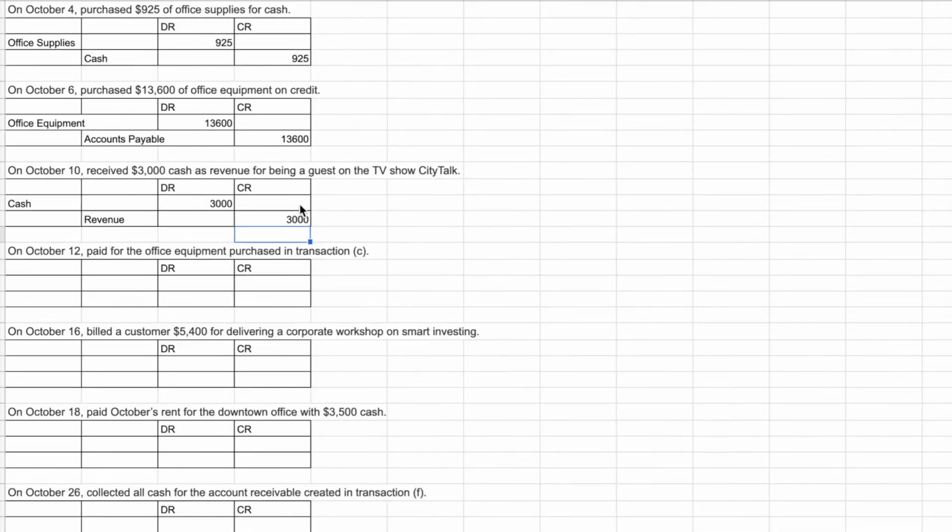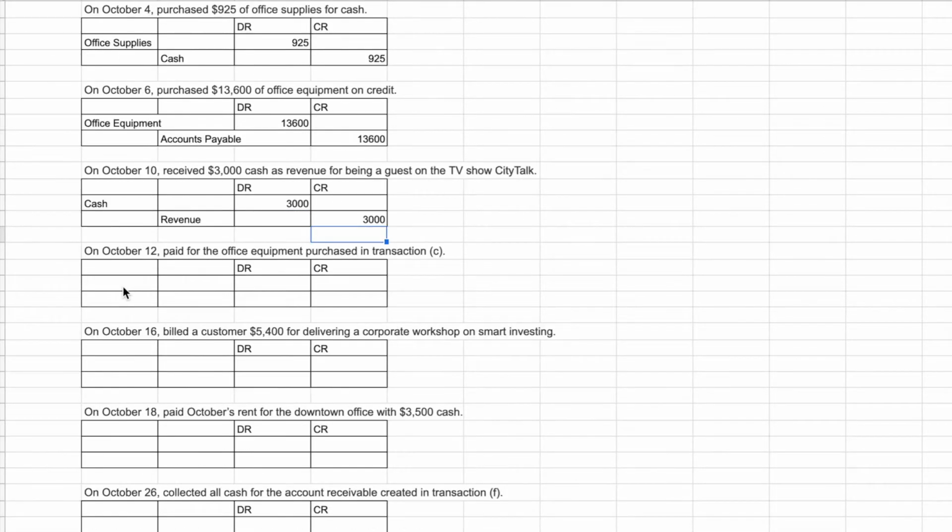Now, on October 12th, paid for the office equipment purchased in this transaction right here. So effectively, he's going to pay for it now. It's $13,600 worth of equipment, and there's an accounts payable there. So he's going to take cash. Cash is going to go down, and the accounts payable is going to go down.